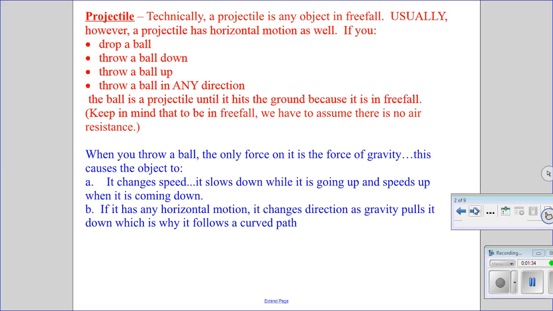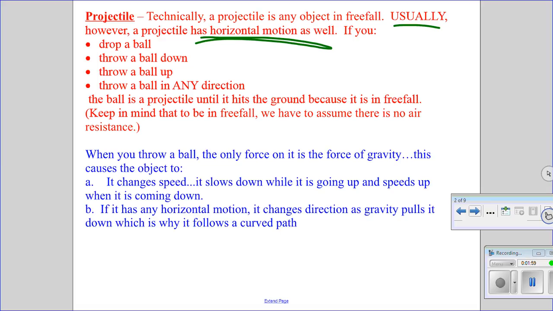Usually, however, when you talk about a projectile, you're talking about something that's in free fall that also has horizontal motion. So stop writing for 1 second. Technically this is a projectile, but usually when you talk about a projectile, it has to be moving horizontally. So instead of doing this, we're going to do this.